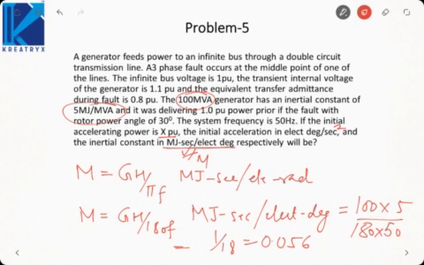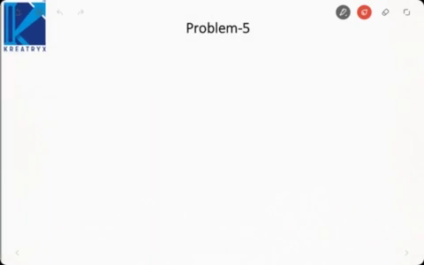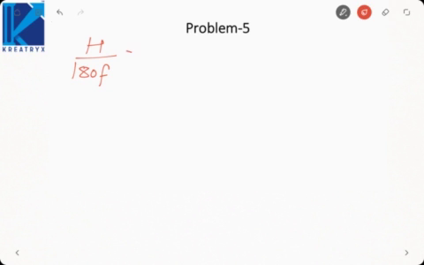Now it is asking about initial acceleration. The units are given as electrical degree per second square. So the swing equation will be H by 180 f d square delta by dt square equals Pm minus Pe, which is equal to Pa.